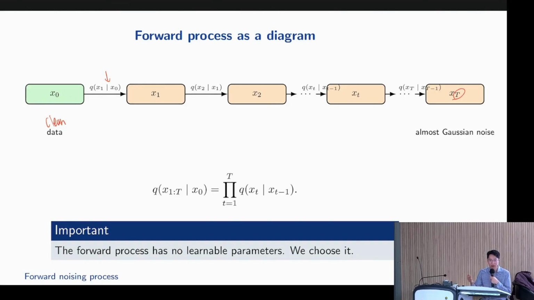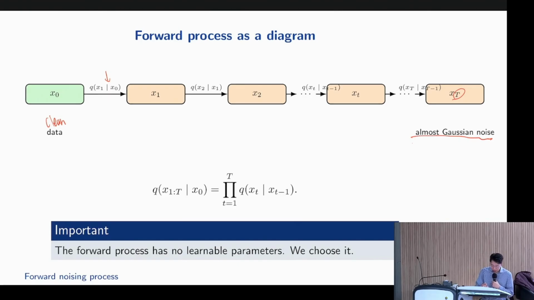So if you ask an image generation model to generate images, it's typically going to be thousands of iterations. It's why that's so slow compared to generating text. So if you repeat this step many times, at the end of the day, you're going to observe something that's almost IID Gaussian.